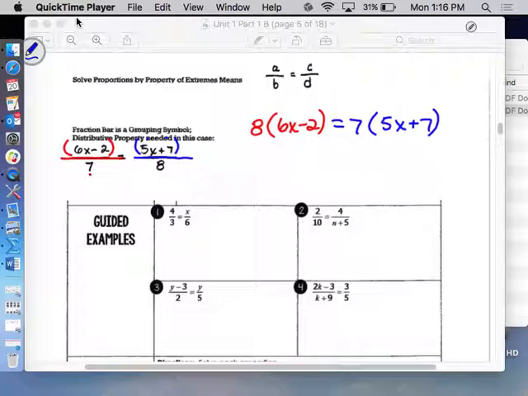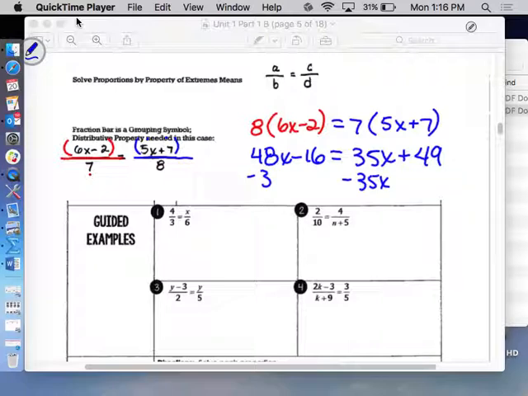So let's go ahead and solve this. Now I'm distributing. And I'll gather my x terms on one side. I always gather x's on the left. That's just my habit. And 48 minus 35 leaves me with 13 x's.